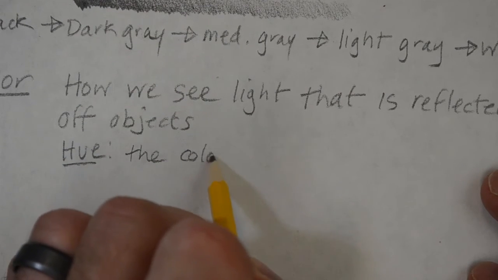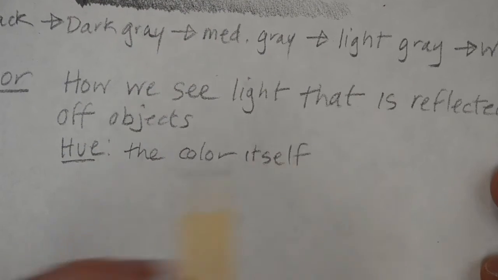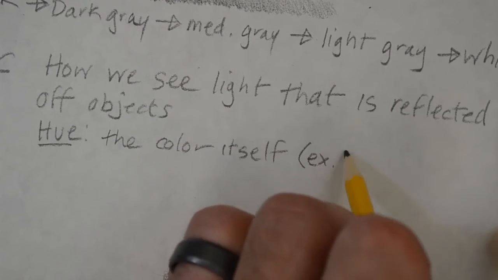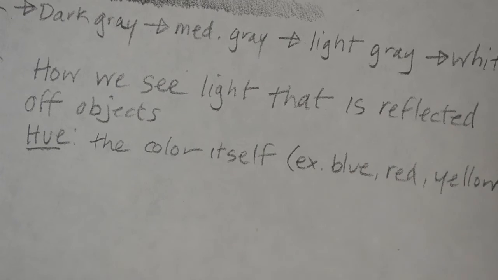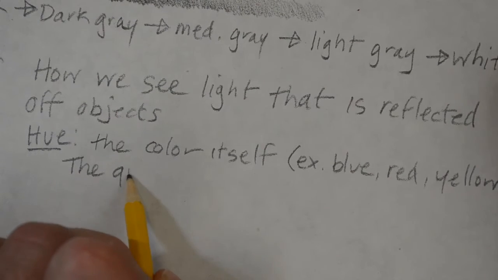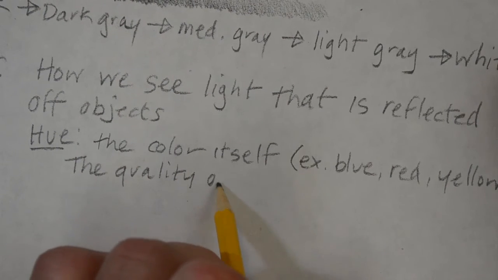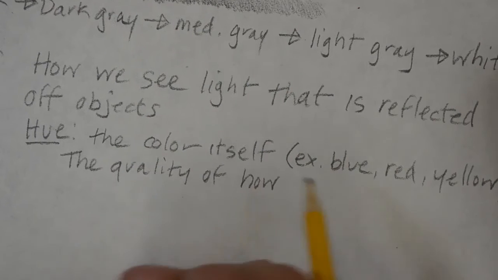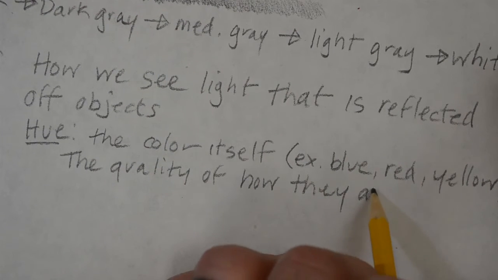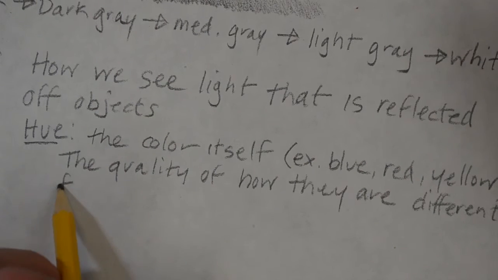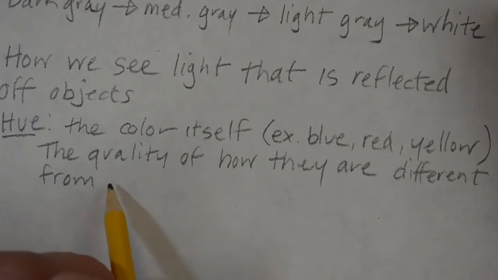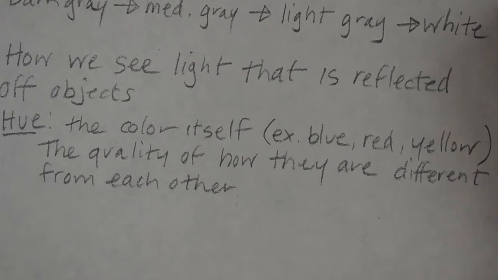In art, we think about three different aspects of color. The first is hue. That's basically the name of the color. It's how we distinguish colors that are different from other colors. Examples are colors like blue, yellow, and red, and how we see those as different from each other.